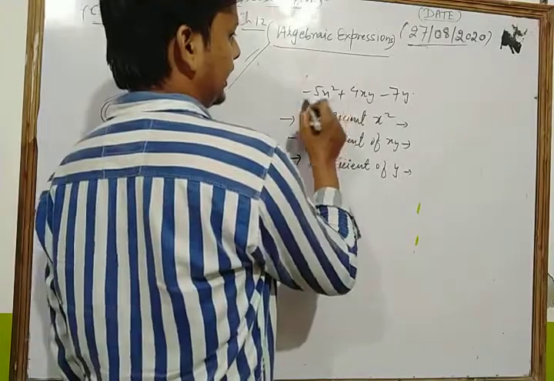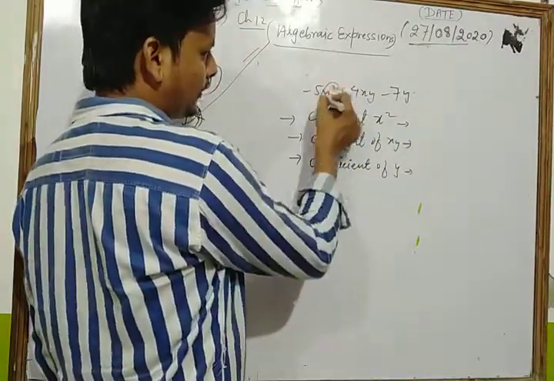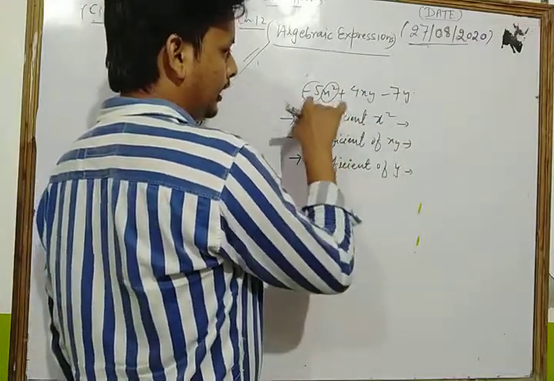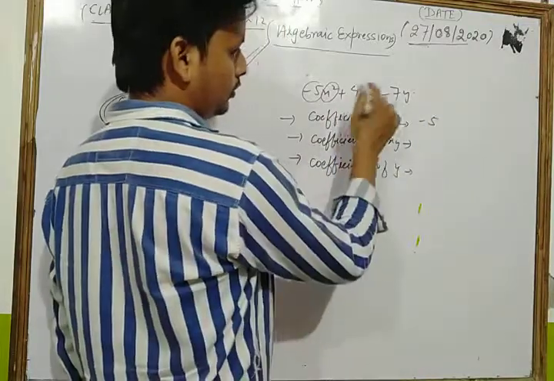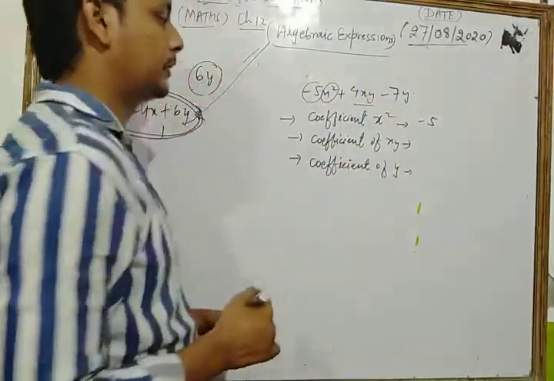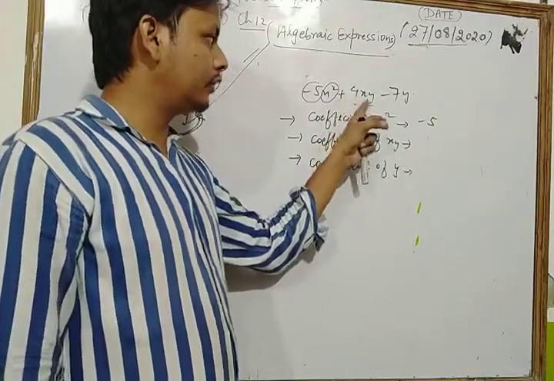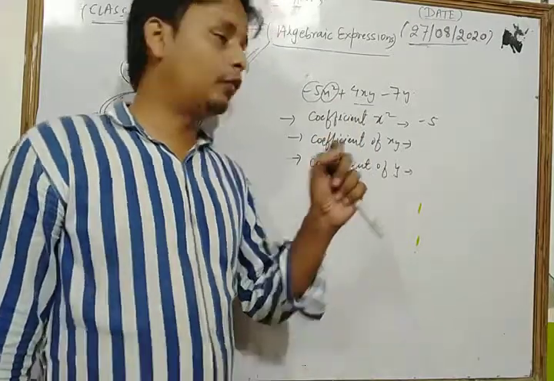If we ask for the coefficient of x square, let's see this algebraic expression. Here the coefficient of x square is -5. Now look at the next part of this expression, xy.